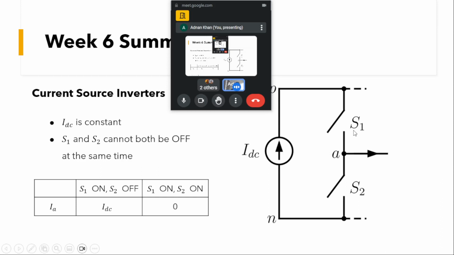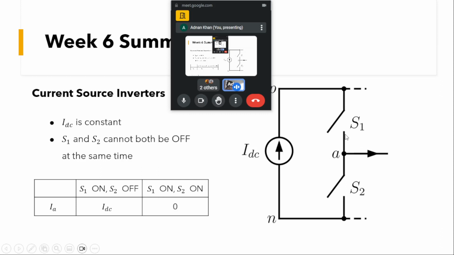If we connect a load between point A and N, this current IA will be equal to IDC when S1 is turned on.